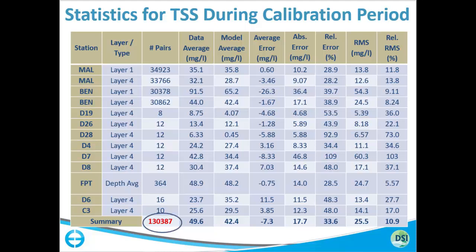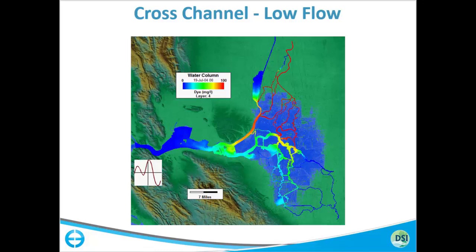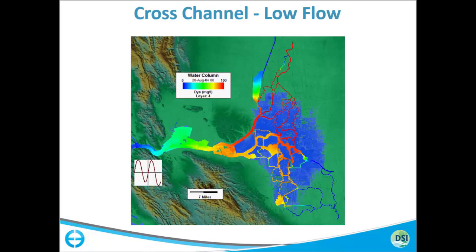So this is another animation to show how the system would behave under low flowing conditions. So the dye was discharged on this branch over here, and then depending on what type of boundary we had, this is connected to the fresh water, this is connected to the open boundary.